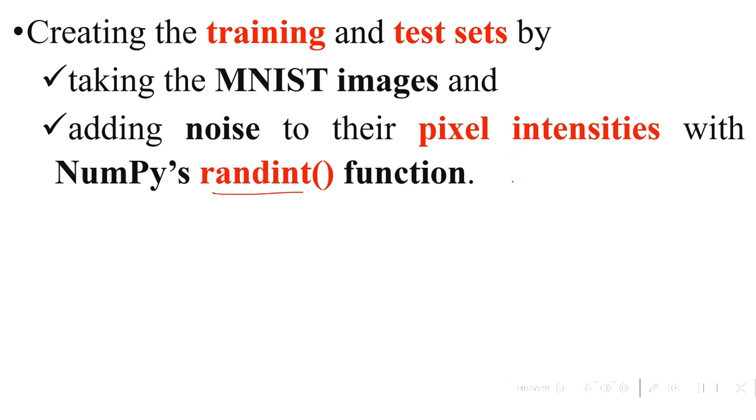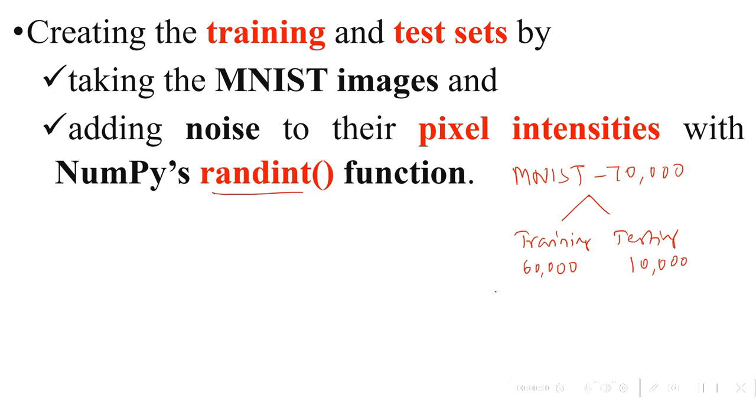So here the MNIST dataset contains 70,000 images. These 70,000 images are divided for training and testing purposes. The training set contains 60,000 handwritten images, and 10,000 handwritten images are for testing.